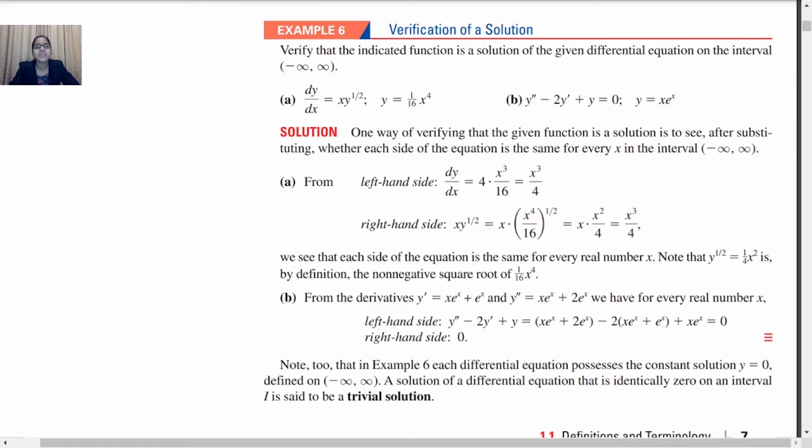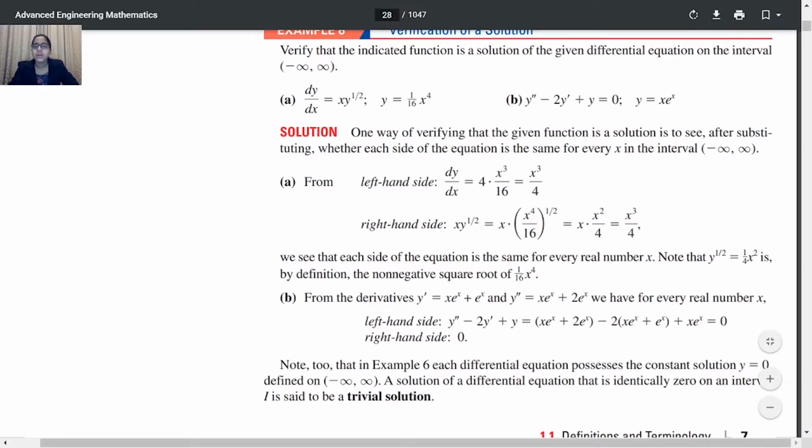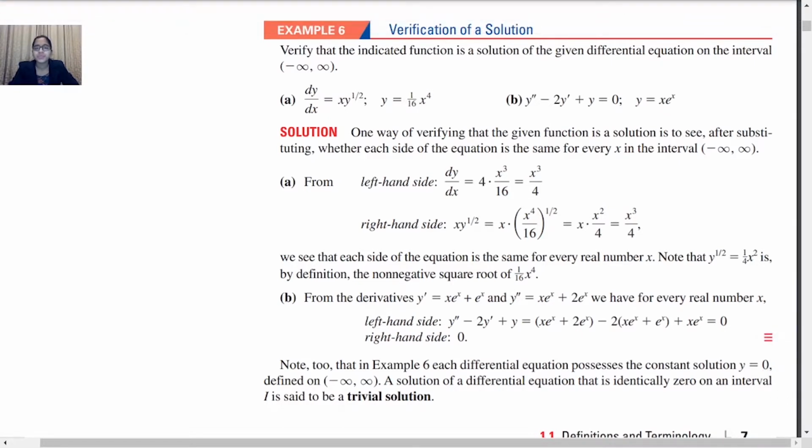So how can we verify it? By substituting the value on both the sides, right? If y is 1 by 16 x raised to 4, what will be dy by dx? It will be 4 into x cubed by 16, that is x cubed by 4. Now let us substitute this y in the right hand side. So x into x raised to 4 by 16 whole raised to 1 by 2, that is nothing but x square by root of 16, which is 4.